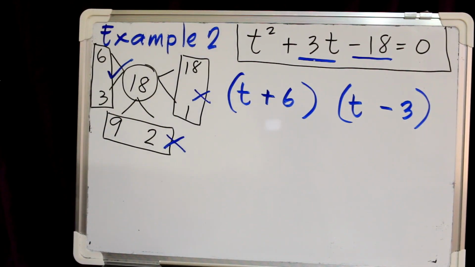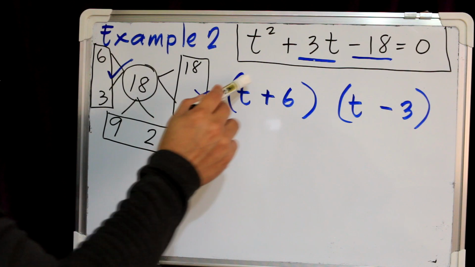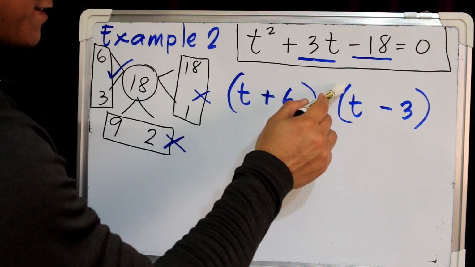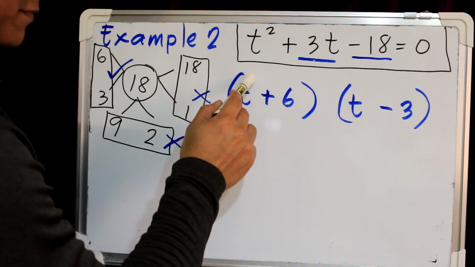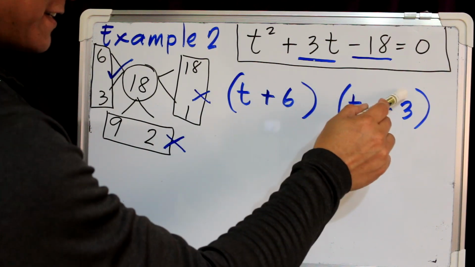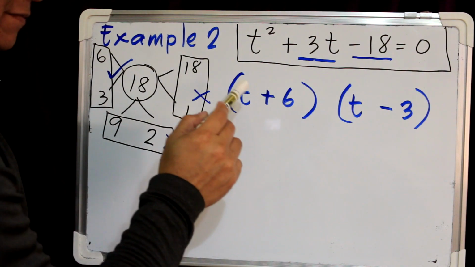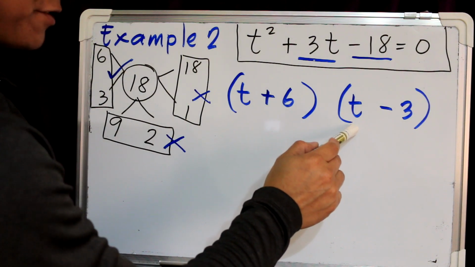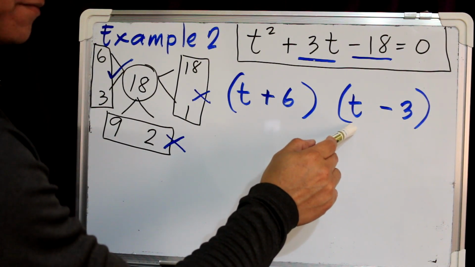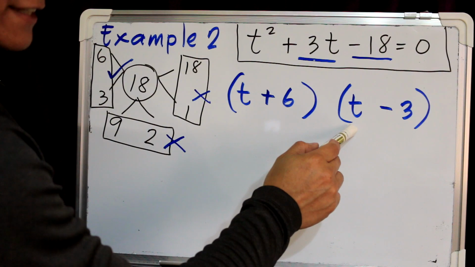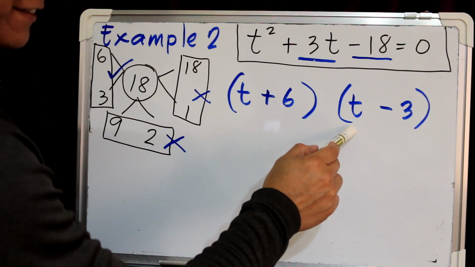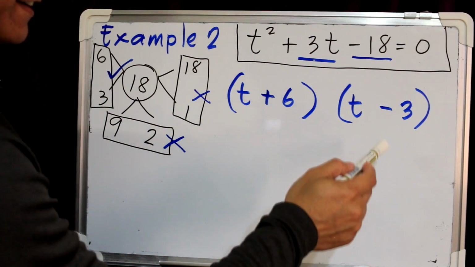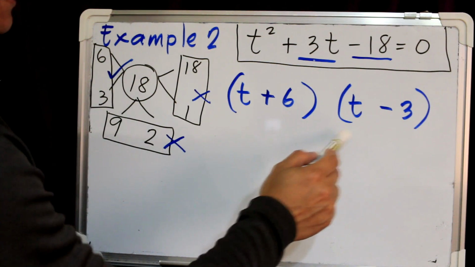Okay? Now, if you are going to check again, you will have t squared minus 3t plus 6t. So when you add that, that becomes 3t, right? 6t minus 3t, okay?